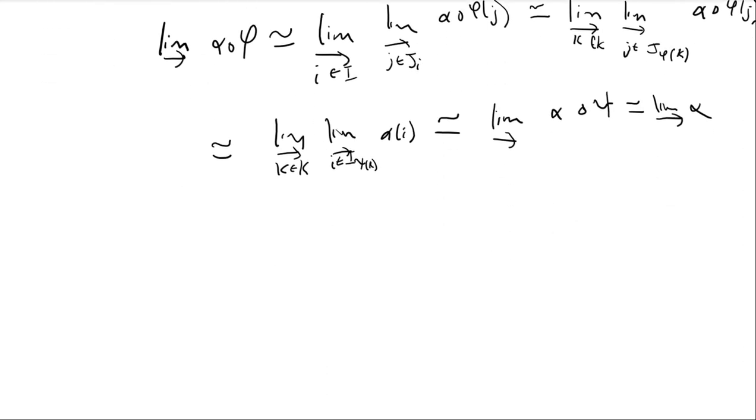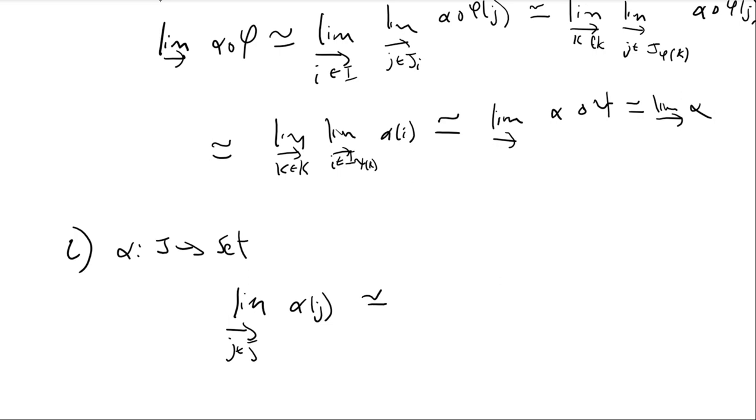It's very similar. So now, again, I consider a functor, this time J to Set. And again, from 2.3, I know that the limit of the alpha evaluated at J can be written as the limit over I, limit over J_i, j in J_i, alpha of j.